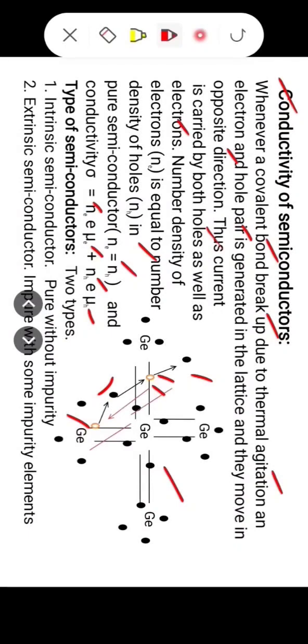Similarly, an electron from here will fill this hole and a hole is created here, and this way the process goes on, so thus they move in opposite direction.